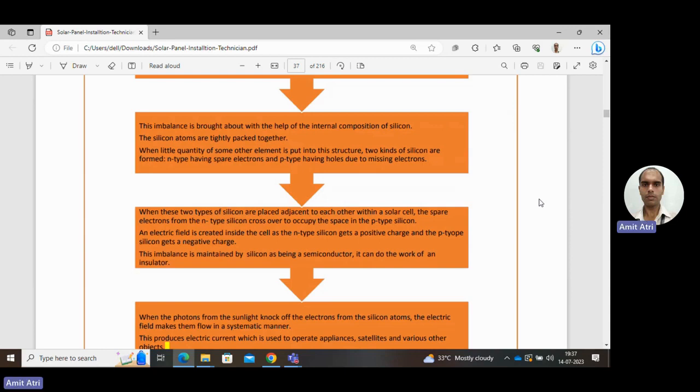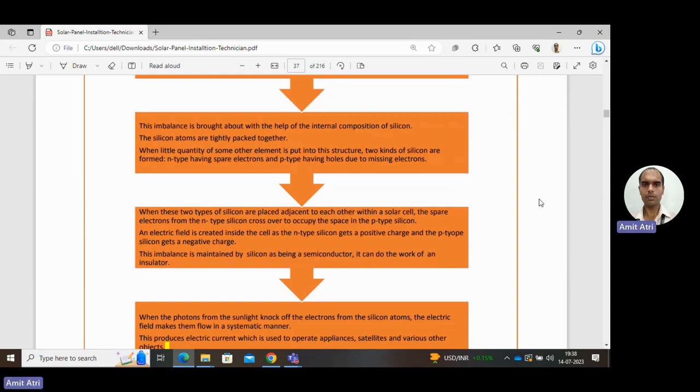These two types of silicon semiconductors are placed adjacent to each other within a solar cell. The spare electrons from the n-type silicon cross over to occupy the space in the p-type silicon. An electric field is created inside the cell as the n-type silicon gets a positive charge and the p-type silicon gets a negative charge.